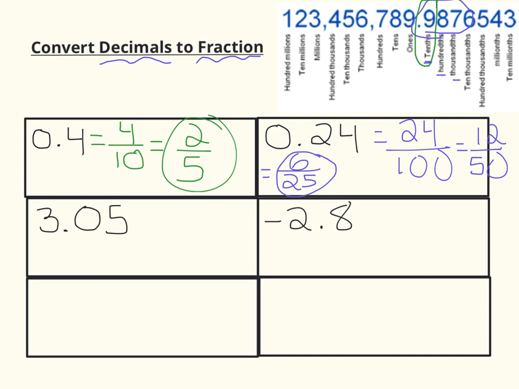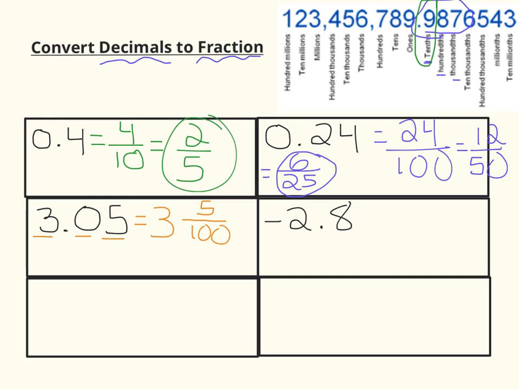Alright, 2 more examples. These ones have numbers in front of the decimal, and all that means is we will have a mixed number. So a mixed number will have a 3 out in front, and then the fraction left over. All right, 3.05: tenths, hundredths, so 5 hundredths, 5 out of 100. We have to simplify that fraction.